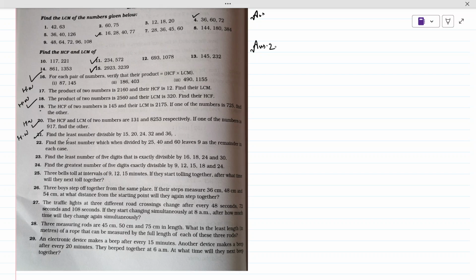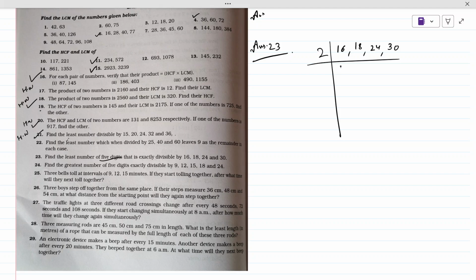Answer 23. We have 16, 18, 24 and 30. We have to find the least number of 5 digits. So we will first find the least common multiple.